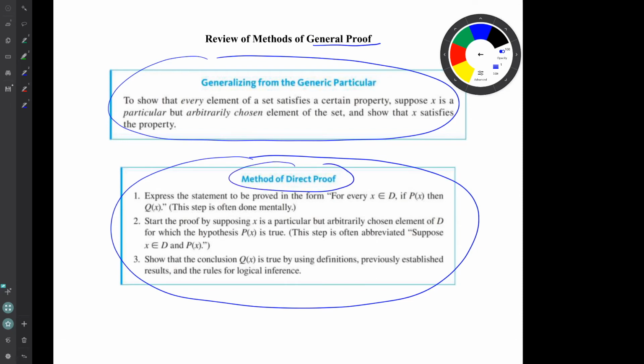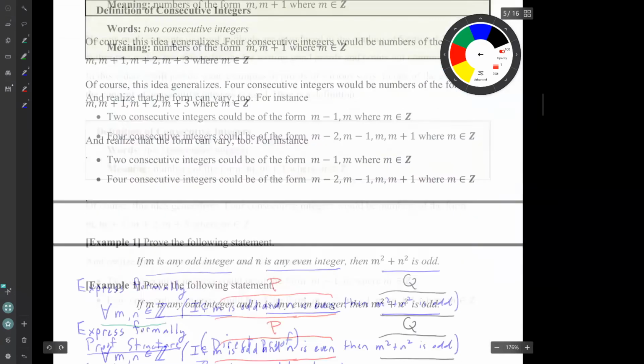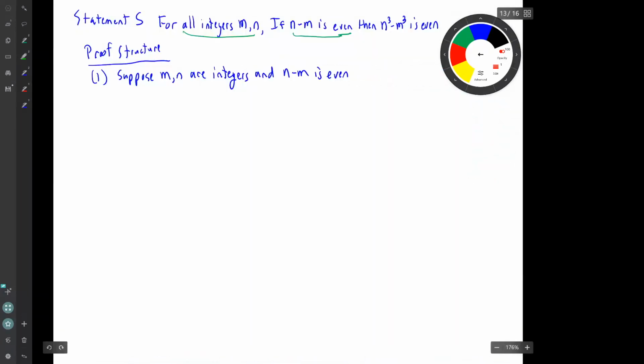So we start by supposing that we have a particular but arbitrarily chosen element for which the hypothesis is true. And then our proof is going to end by having shown that the conclusion is true. So I don't know how we're going to get here, but we're going to have to end by showing that.